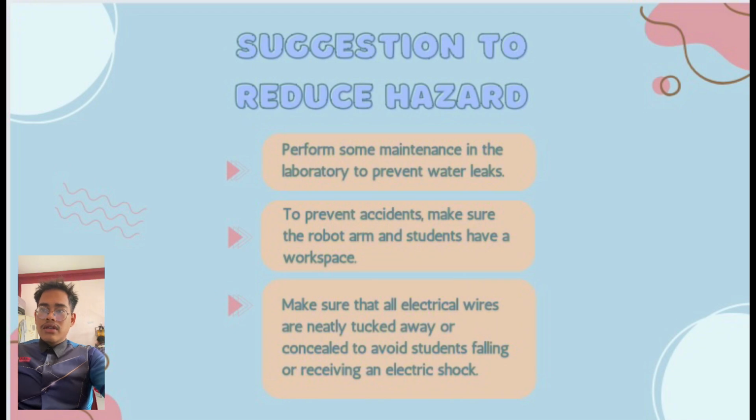Suggestion to reduce a hazard: perform some maintenance in the laboratory to prevent water leaks. To prevent accidents, make sure the robot arm and student have a separate workspace. Third, make sure that all electrical wires are neatly tucked away or concealed to avoid students falling or receiving an electric shock.